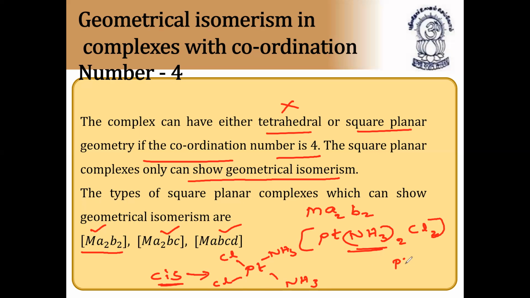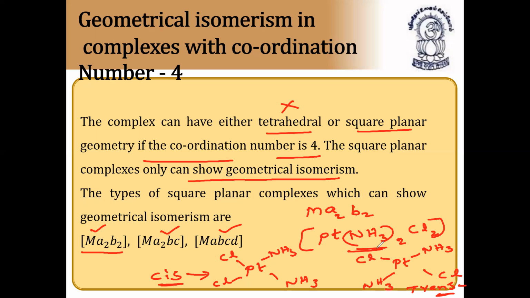And if similar groups are present on the opposite side, NH3 one side, Cl one side, Cl this side, and NH3 this side. Simple it is. So this is called trans isomer. So cis form and trans form. So this is nothing but platinum.